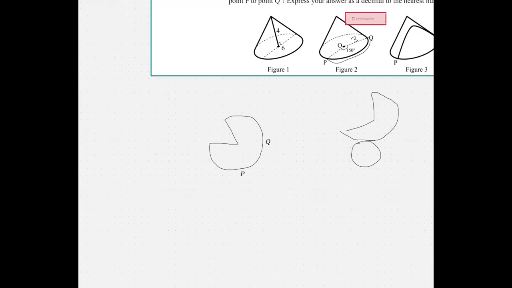So this simplifies to 5 over 2 pi. Okay. So this is 5 over 2 pi, right?